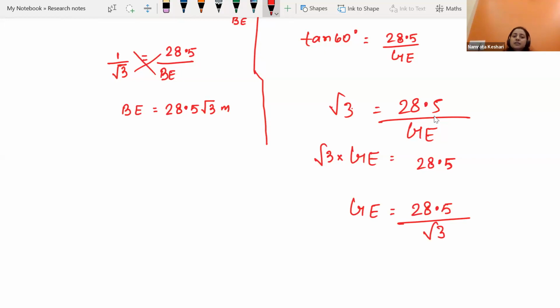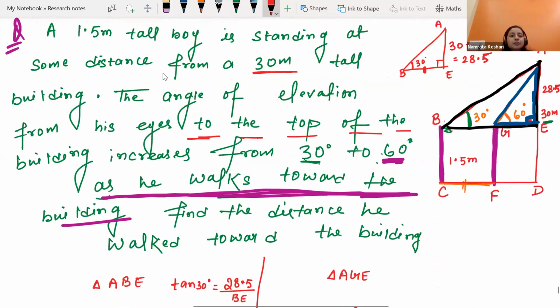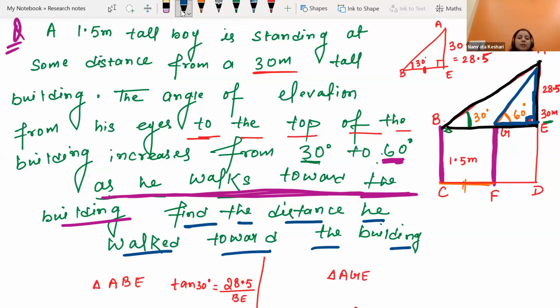Okay, this much we did because we got two right angle triangles and whatever was coming to mind we were doing. What exactly do we have to find over here? It says find the distance he walked toward the building.